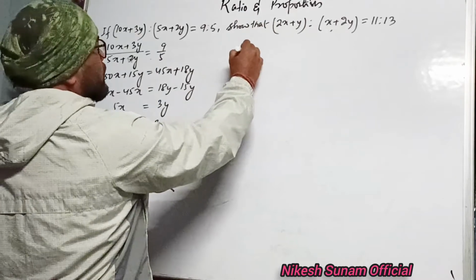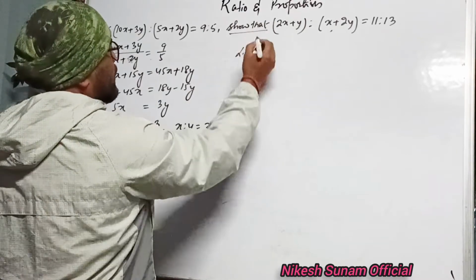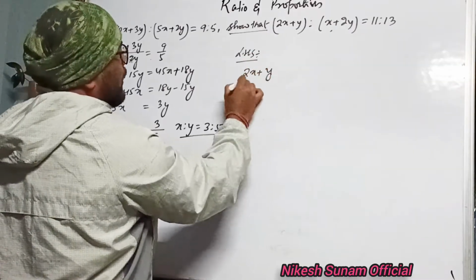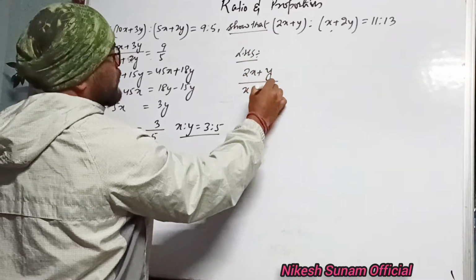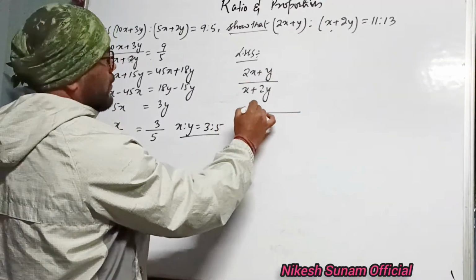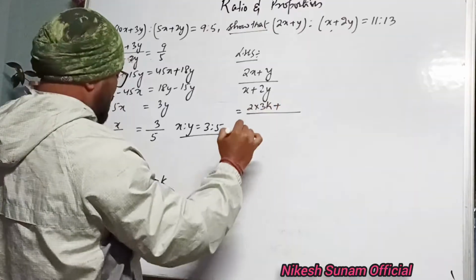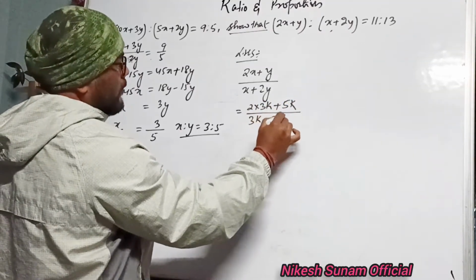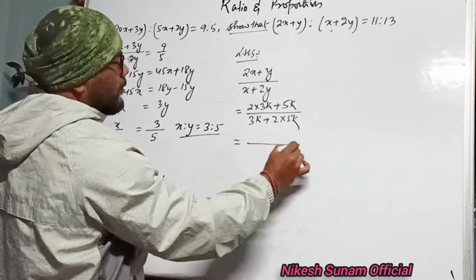So the question has been given, so you are supposed to write the LHS: 2x plus y divided by x plus 2y. So x is 3k, y is 5k. It's very simple.